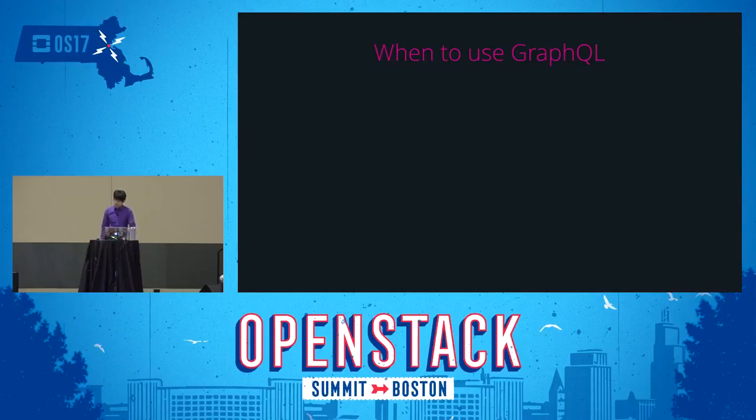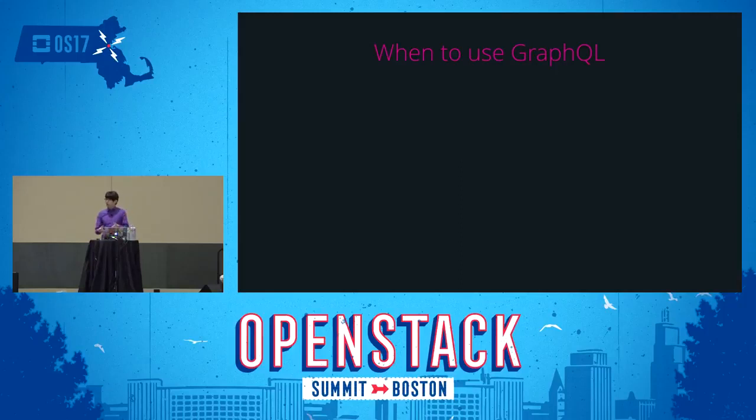Now that we understand some of the problems that GraphQL was designed to solve, I want to emphasize that GraphQL is a tool. It's not a silver bullet. It has certain problems that it's good at solving and other problems that it's not so good at solving. And part of our job as engineers is to understand the shape of the problem and find a good problem-solution fit.